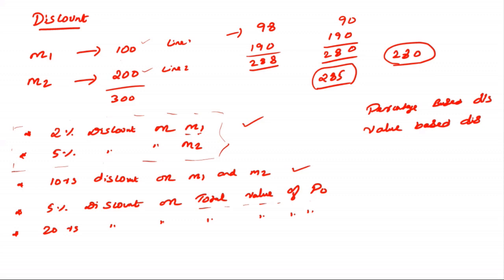The information in the header applies to all the materials. The information in the item applies only to that item. If he is giving a discount at the material level, that is the item level. If he is giving a discount on the total value of the PO, then it is the header.